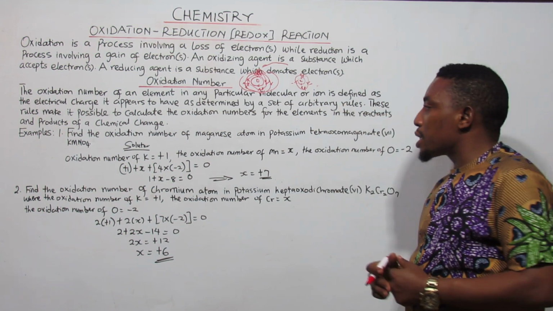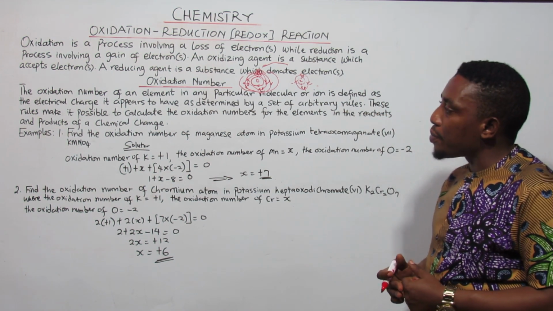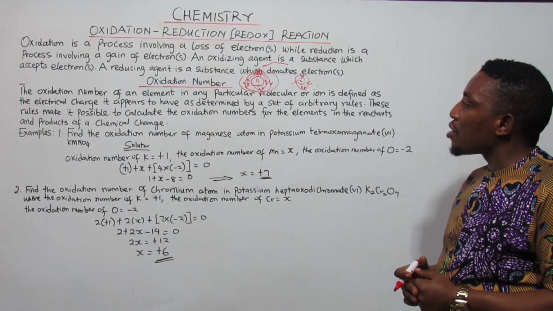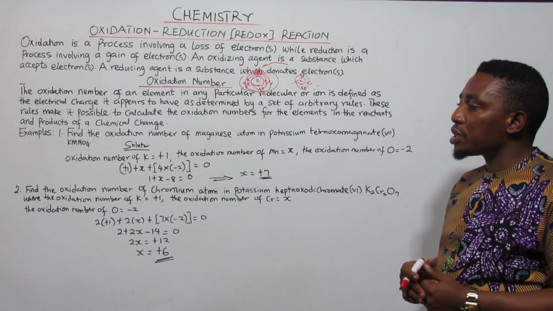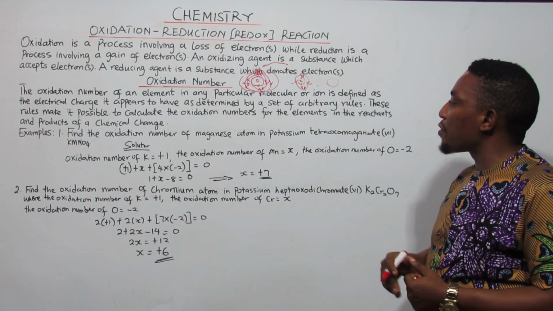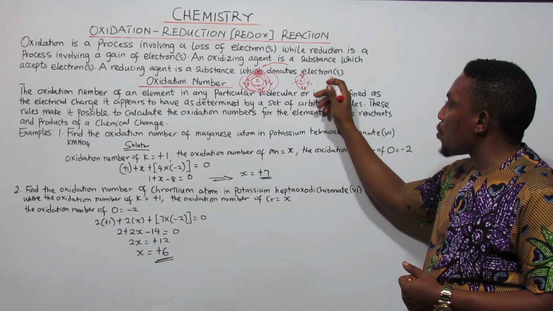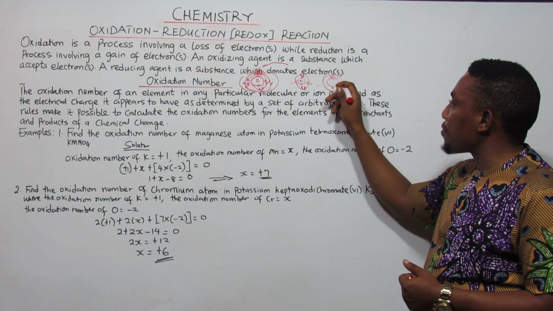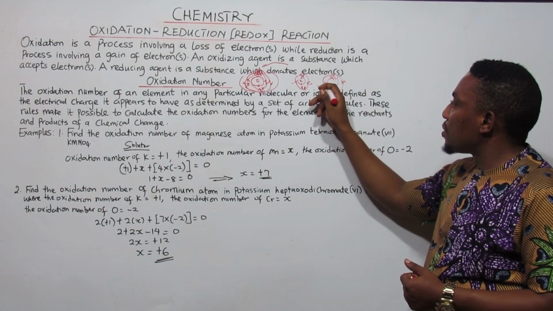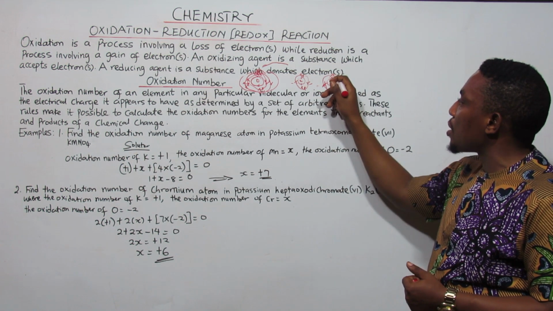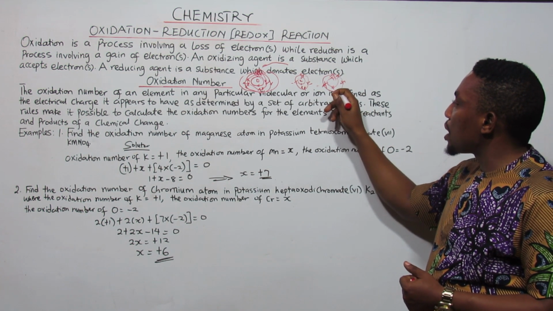Now in chemistry, for us to know the oxidation number of a particular element according to IUPAC, let's take for example the oxidation number of oxygen. If I want to get the oxidation number of oxygen, I take the structure of oxygen. This is the first shell, 1, 2, and the second one is 2, 3, 4, 5, 6, then 7 and 8.